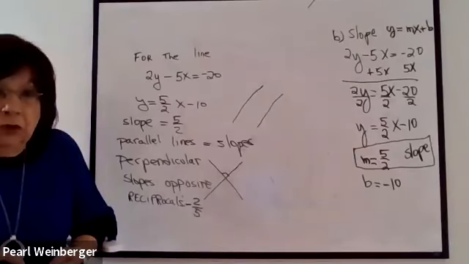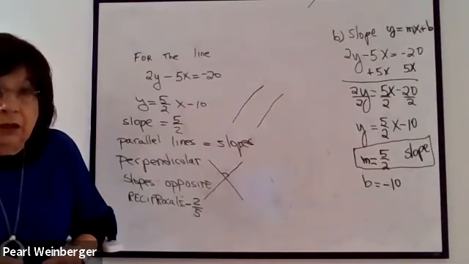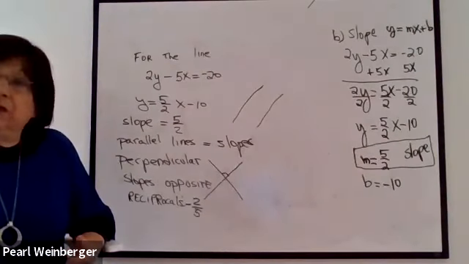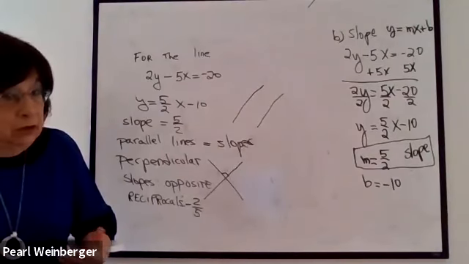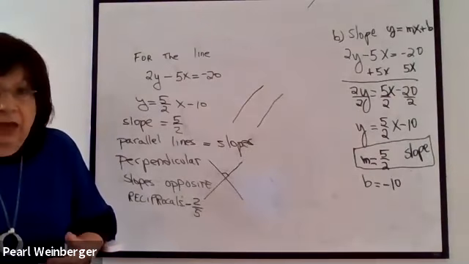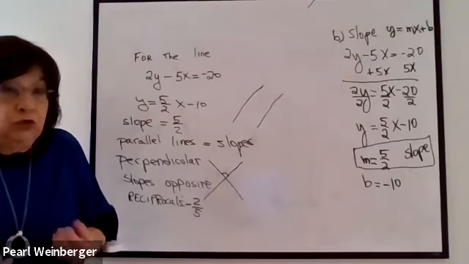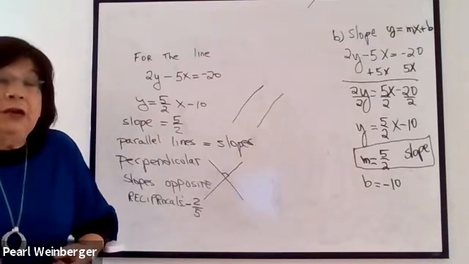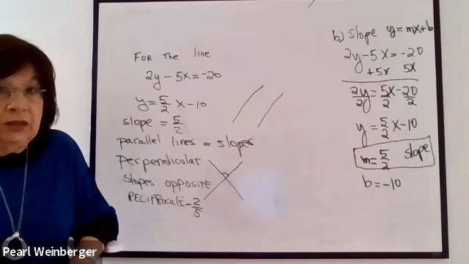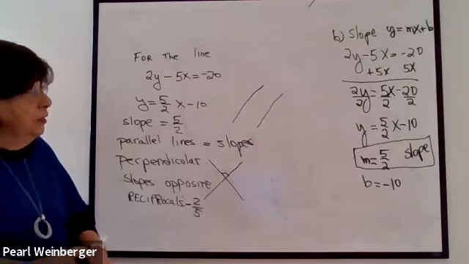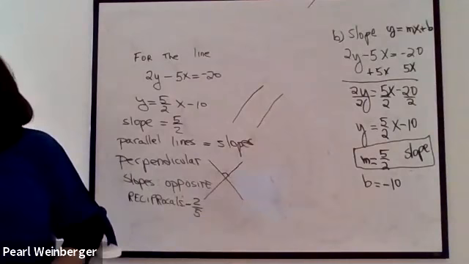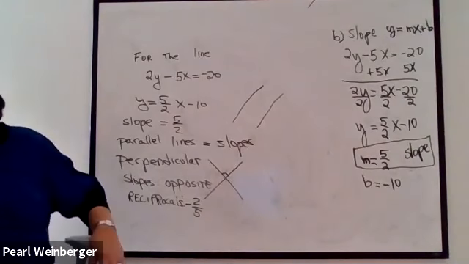Today's lesson, we're going to concentrate on what happens if I describe a line to you. I give you some information about it, enough information that you probably could draw the line, but I don't tell you what the equation is. Is there a way for you to figure out that equation? That's what I'd like to do today.